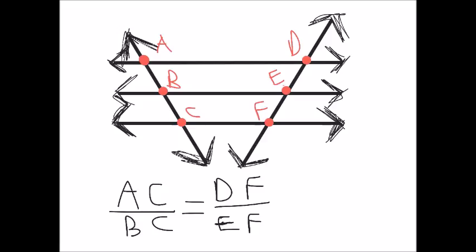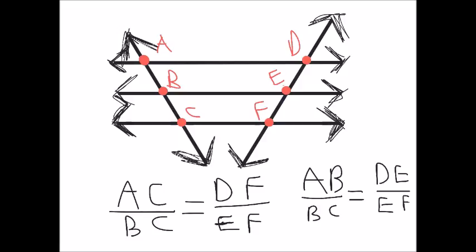So let me give you another example of this. We can also say that AB over BC is equal to DE over EF.